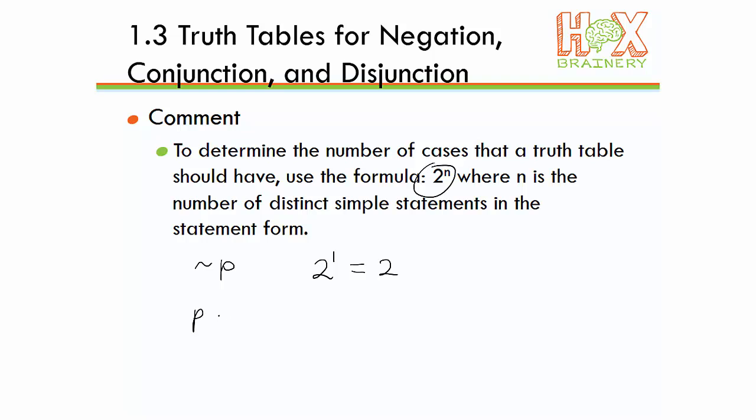But when we did P or Q, you had 2 simple statements. So that would be 2 squared, which gave us 4 cases. So if you have a P in it, a Q in it, and let's also do R, now you're going to have 2 to the third power because you have 3 simple statements. So this is going to end up giving you a truth table with 8 cases. So you can see how large these get.